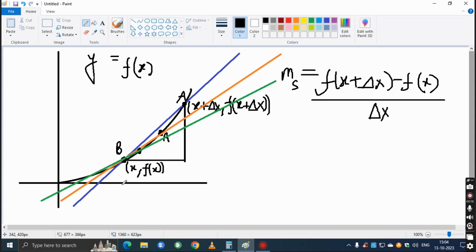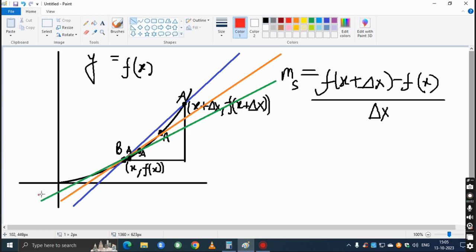Now what if I told you that I brought this point A so close to B that you can't distinguish between A and B? This is A and this is B. The width, that is delta x, has become infinitesimally small, meaning A is so close to B that, now let's see how the secant line is going to be made.